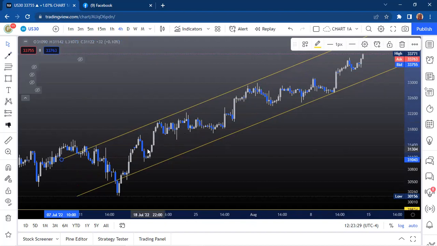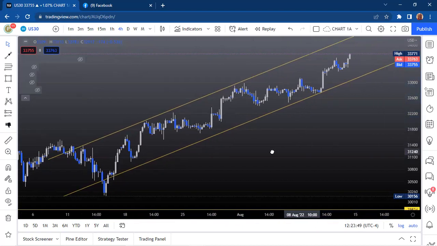We're in a channel. So this is what the market's telling us. Boom, it's going up, down, up, consolidate, up, down, right? Consolidate, down, up, down. So we're creating lower lows, higher highs. These are higher highs, higher high. Okay. So we're in a channel.